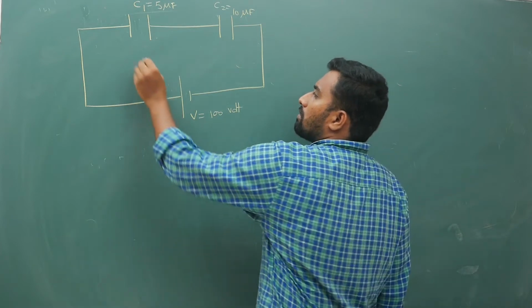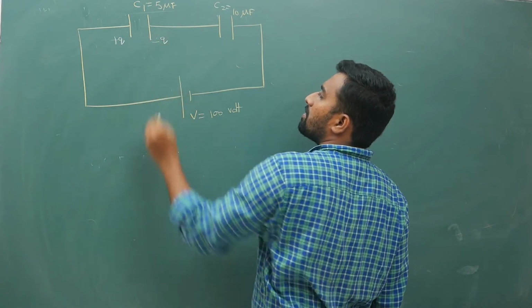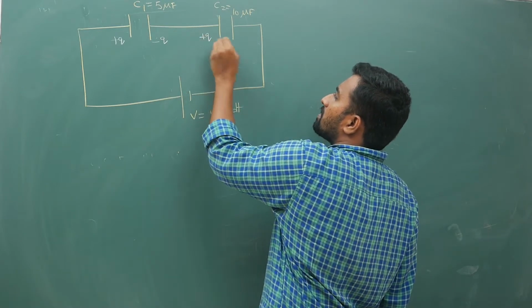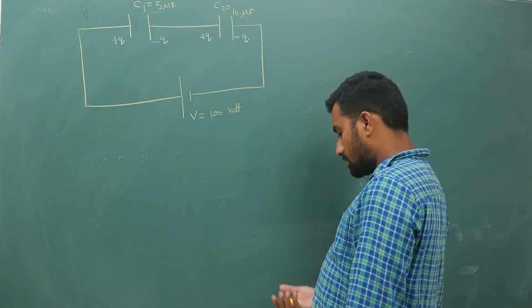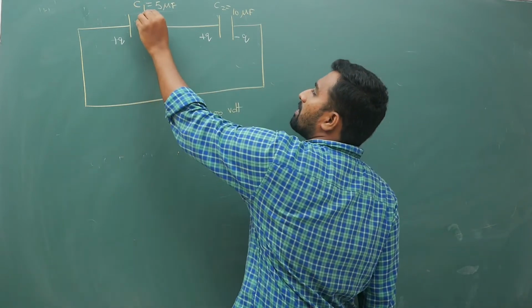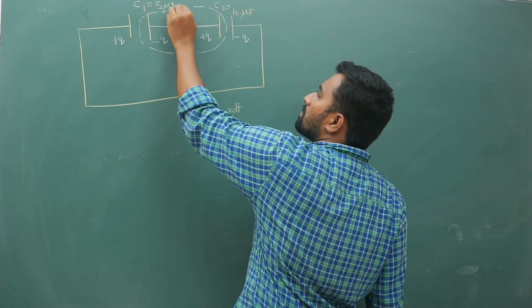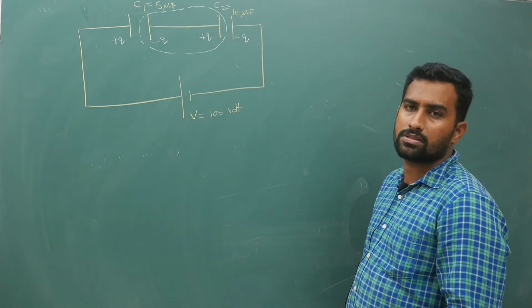Assume that you have a charge plus Q here, minus Q here, and on this also it is plus Q and minus Q, because these two capacitors are in series. I have been telling you, if you take an enclosed region here, because no external wire is connected, your Q enclosed is going to become 0.